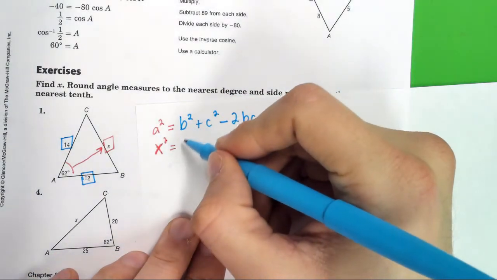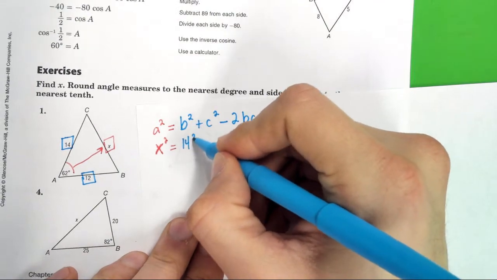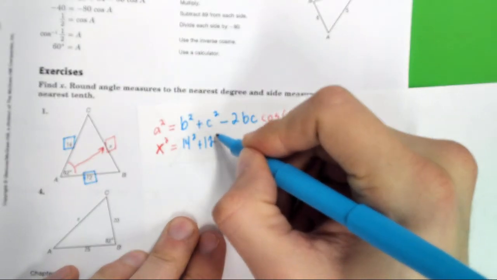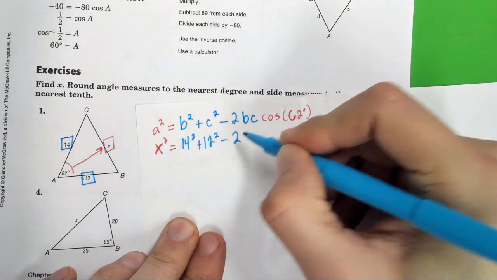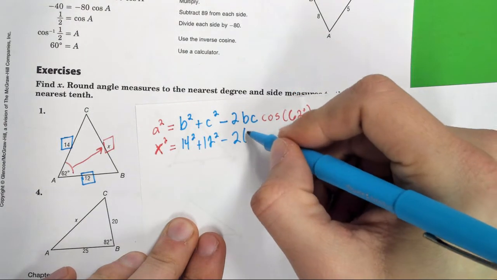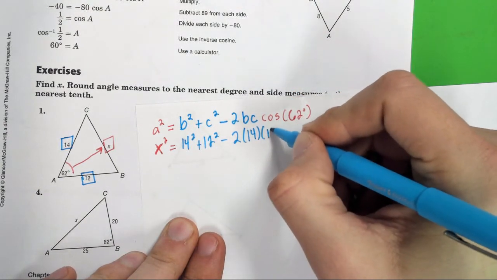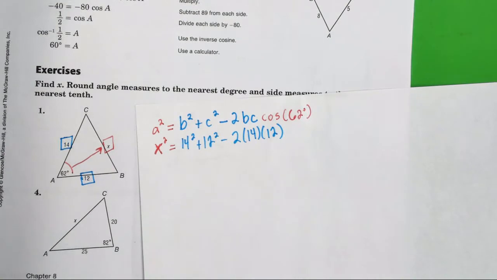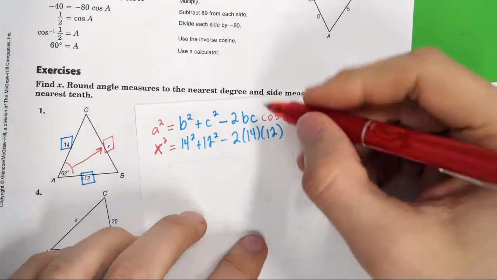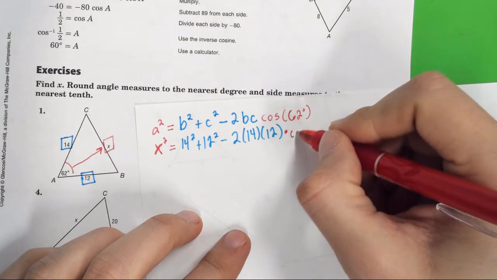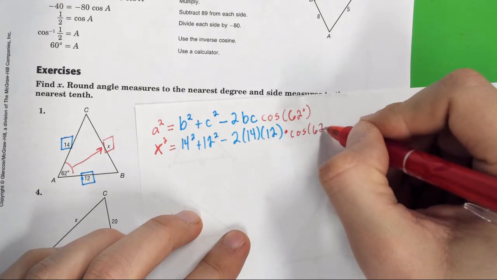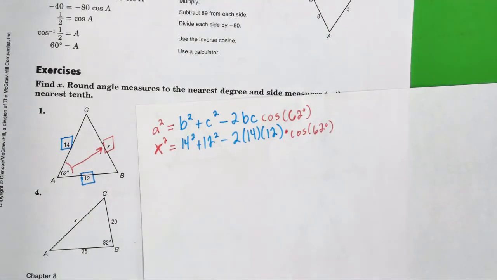B and C, I can make those 14 and 12, minus 2 times 14 times 12 times cosine of 62 degrees.